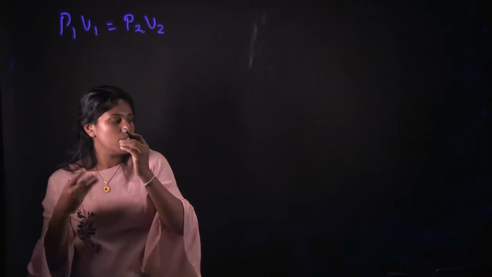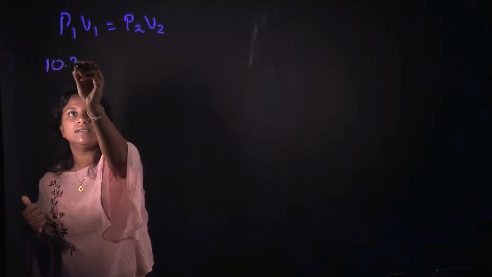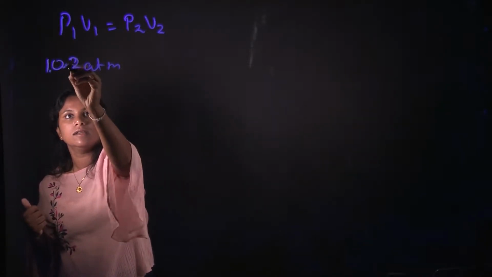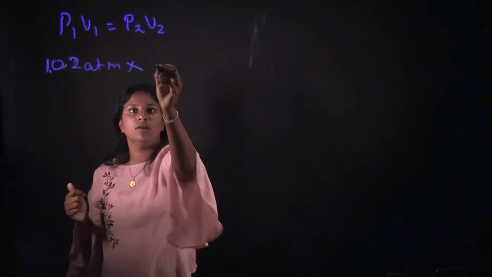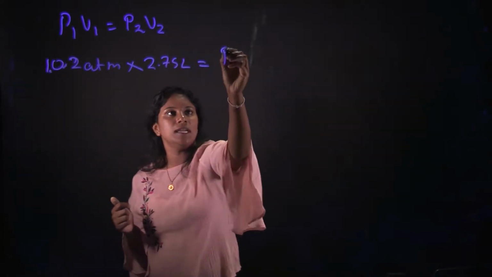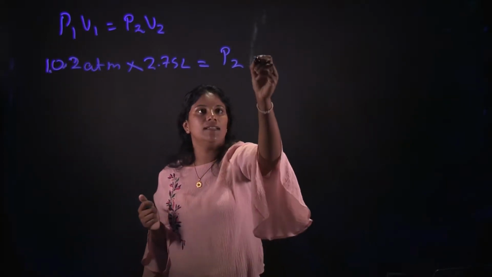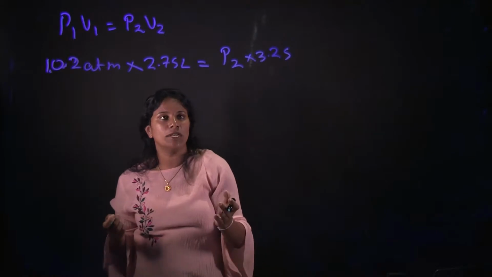In the question, the pressure is 1.02 atm, which is P1. V1, the initial volume, is 2.75 liters. They are asking P2, giving V2, which is 3.25 liters. So now this is a very simple question.